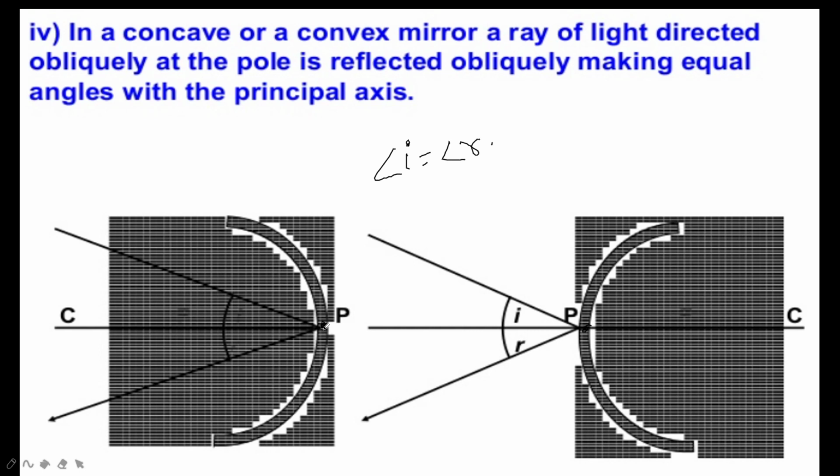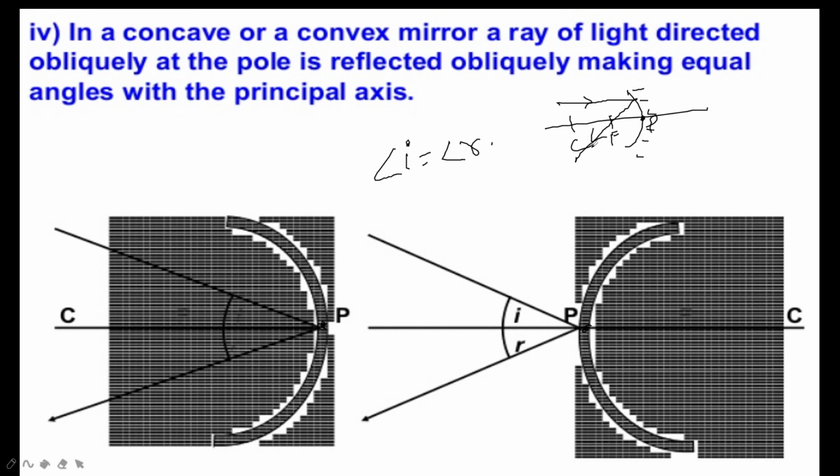Okay, so these are the rules. What is the first rule? Whenever you draw this, you have to look after this. You have to draw this first, then only the next part. First rule is parallel to the principal axis, converge at focus.